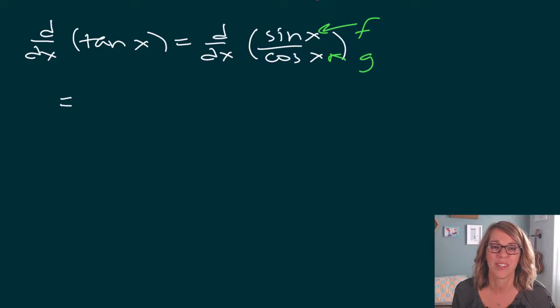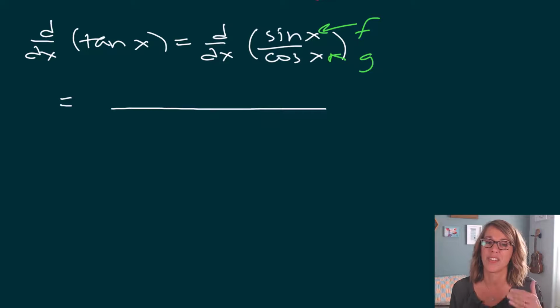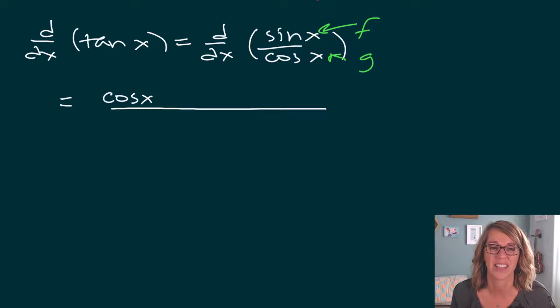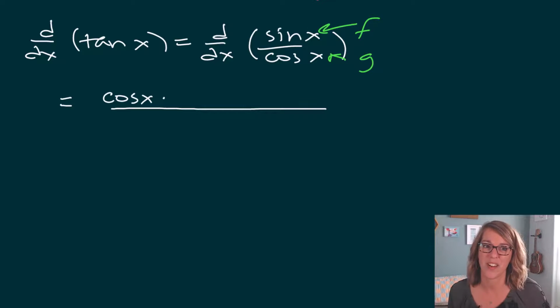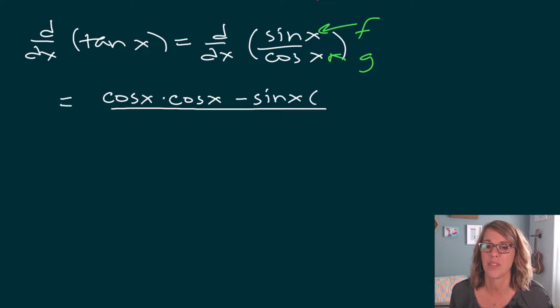Here comes the derivative. So in my numerator, I want the derivative of sine first, which is going to be cosine. So I get cosine x times the denominator function unchanged, so g is cosine, minus, now I'm going to leave that first function, which is sine of x, and let's take the derivative of the second denominator function.